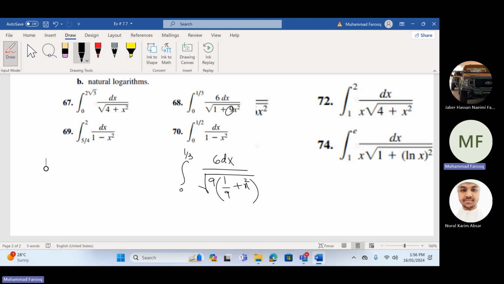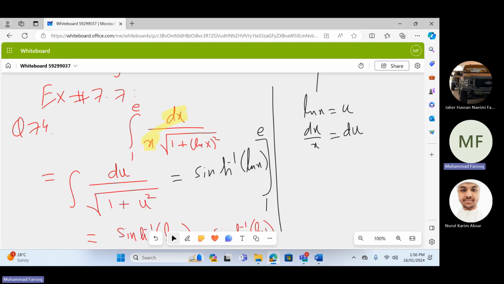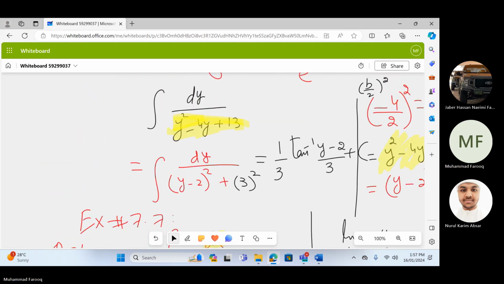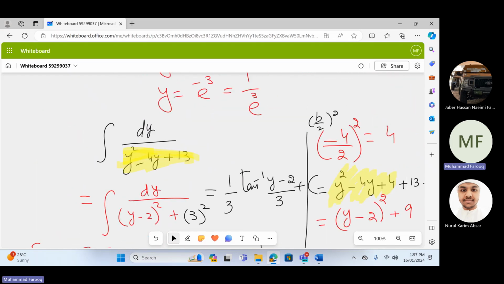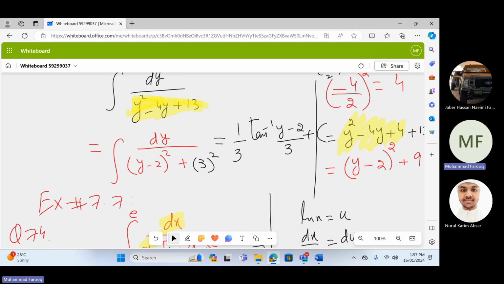When do I use completing the square? If you don't have any perfect squares. In the last question, look at it. Do you have two terms as a square? When we complete the square, you get two terms as a square, so we can use the formula.